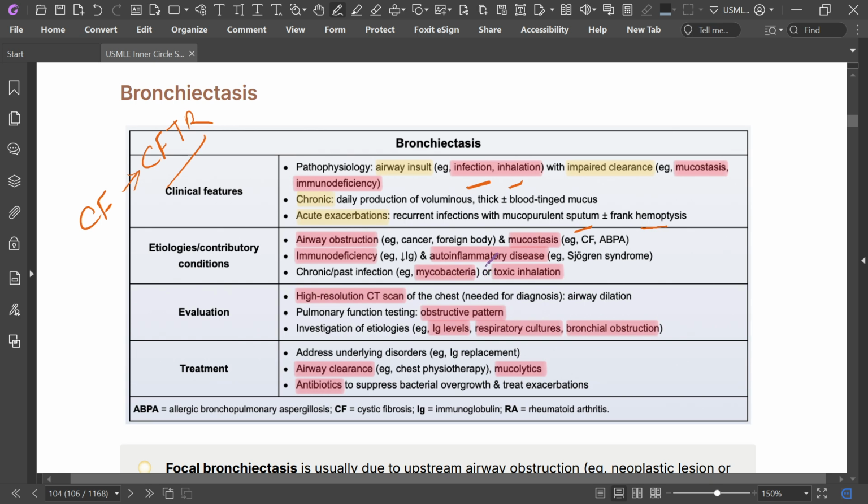Some immunodeficiency conditions, like low immunoglobulin, and some autoinflammatory diseases like Sjogren's syndrome can cause bronchiectasis. Sjogren's syndrome: anti-Ro, anti-La antibody positive, with a sand-like feeling in the eye.